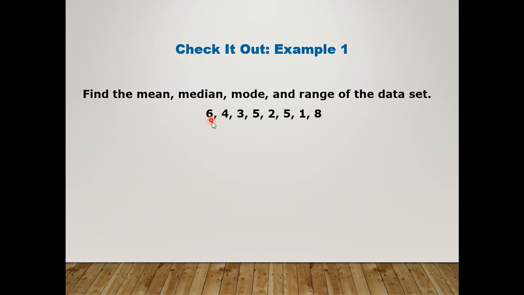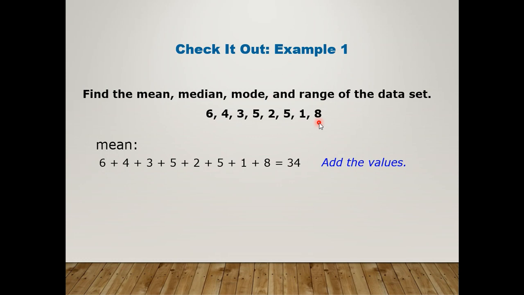Next example, we have 6, 4, 3, 5, 2, 5, 1, and 8. Ganun pa din, we will be finding the mean, median, mode, and also the range for this data set. Unahin natin si mean. Again, we will be adding all the values that we have. So kapag inadd ko po yan, the result will be 34.